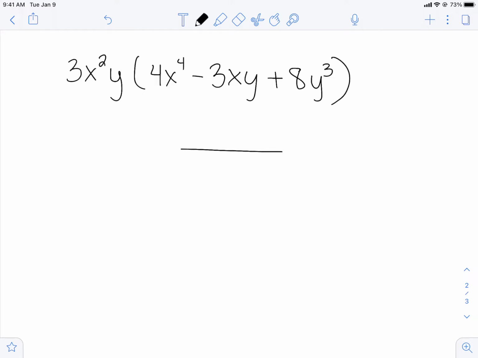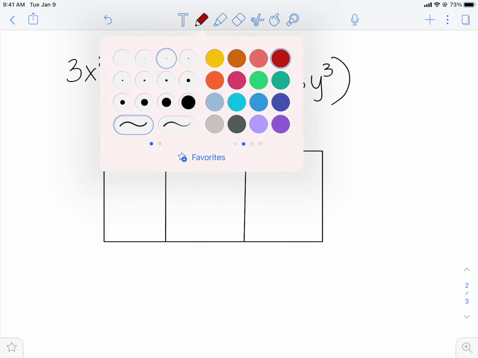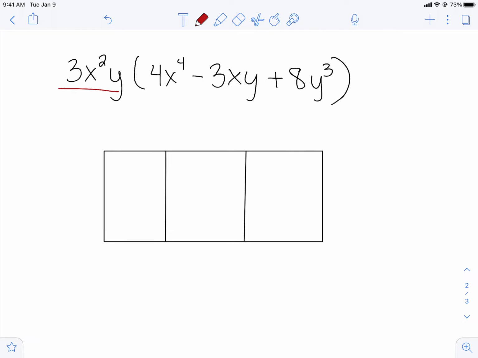So I need to draw my rectangle. Okay, so I'm going to split the rectangle into 3 parts as best as I can. There we go. So I am going to take the monomial and write it on the side, 3x squared y, and I'm going to go ahead and put that exponent with the 1.